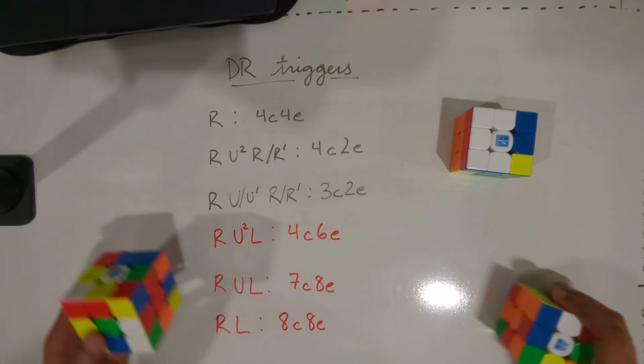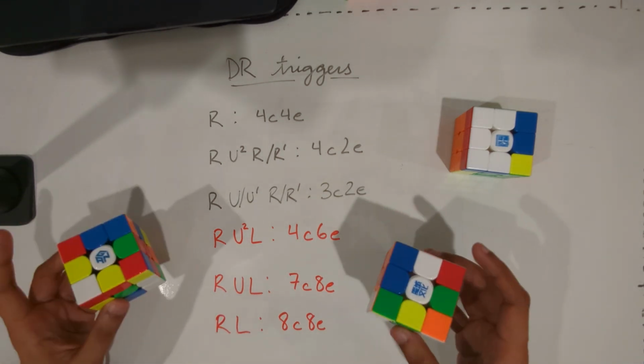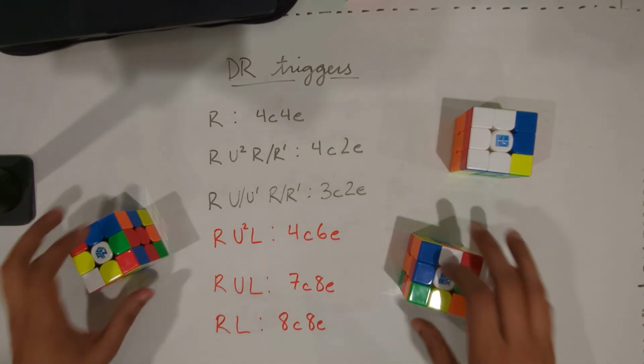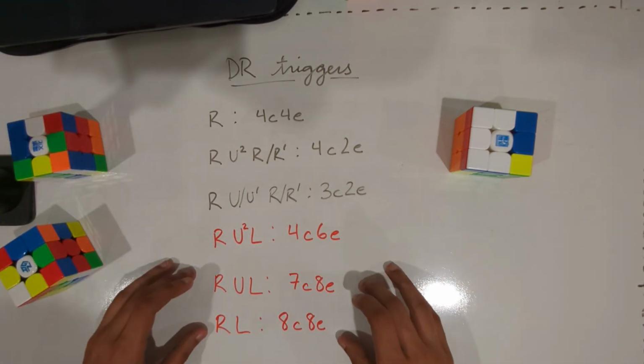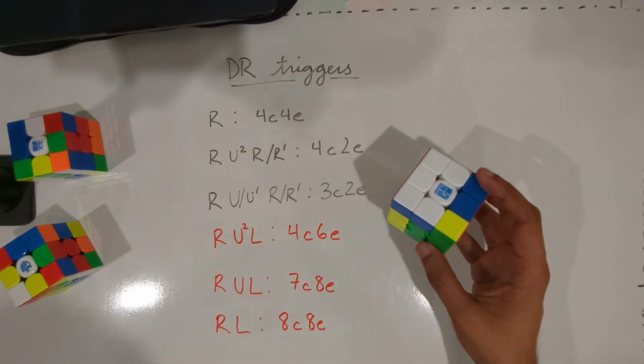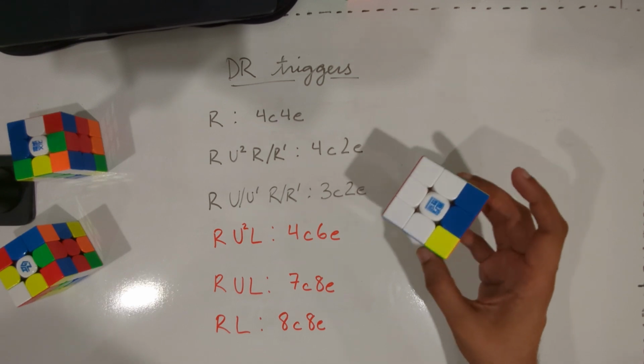These two, RUL and RL, can be particularly annoying to set up. The pieces need to be set up in a very, very particular way in order to get a nice 3-move finish for DR. This one, on the other hand, 4C6E, has actually saved my back end a couple times, but this one can also be annoying.